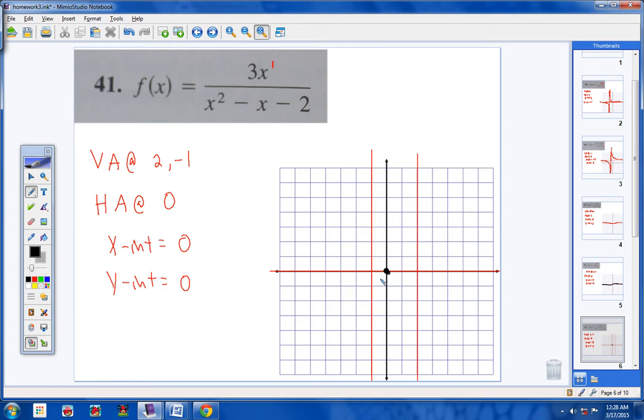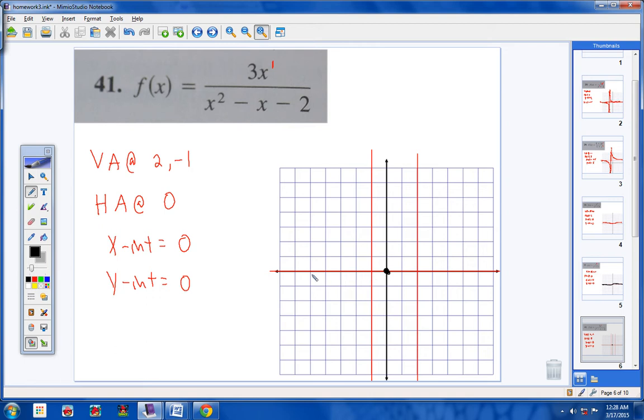Okay, now with your grapher, go ahead and type in the numerator 3x, then divide it by, and be sure to put parentheses around your x squared minus x minus 2. Alright? And so let's start with our negative 1 vertical asymptote. Let's go to negative 5.